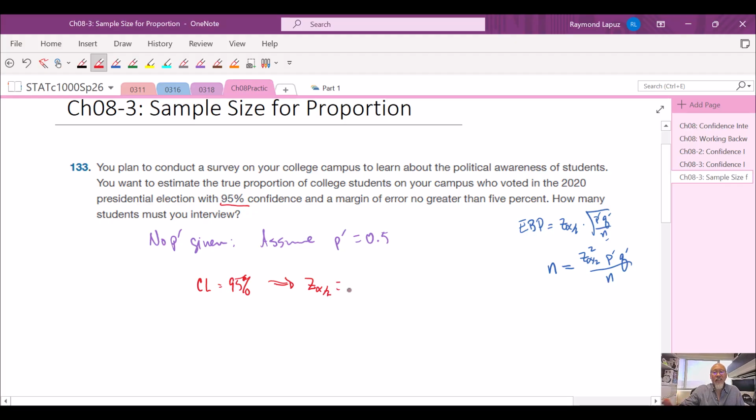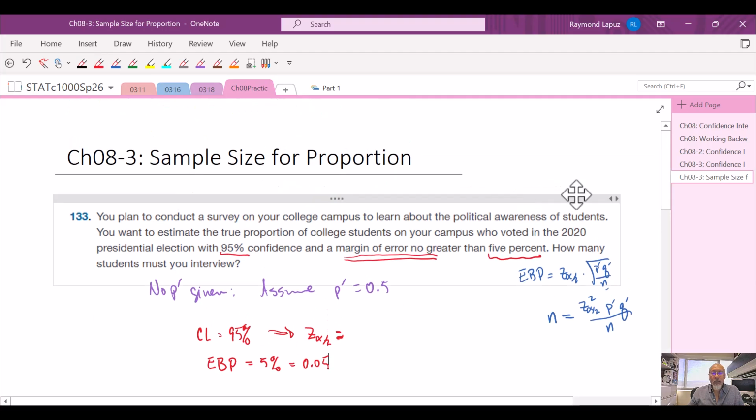And then a margin of error, so this is going to be the error bound for the proportion, EBP, no greater than 5%. We have to write 5% as a decimal whenever we do work with formulas, so we'll have our EBP equal 0.05.